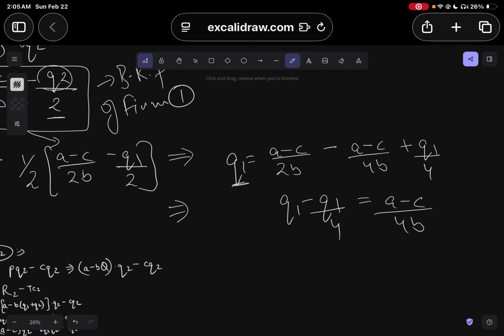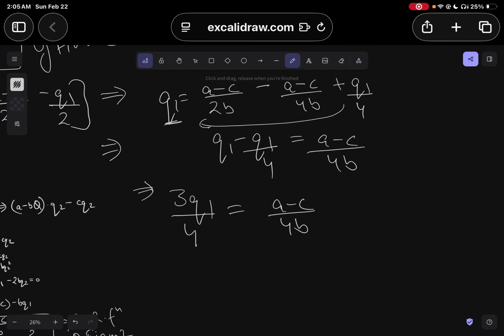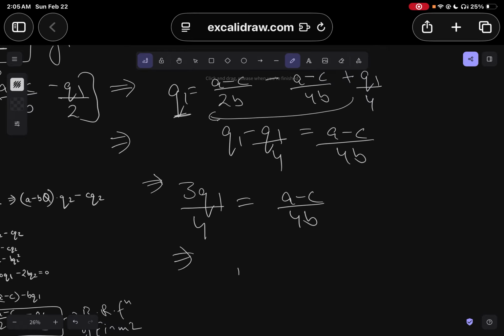Then I took Q1 minus Q1 by 4 equal to A minus C upon 4B. I took 4B as the common denominator, and this will be simply 3Q1 by 4, which will be equal to A minus C upon 4B. Now Q1 star is 4 upon 3 times A minus C upon 4B.